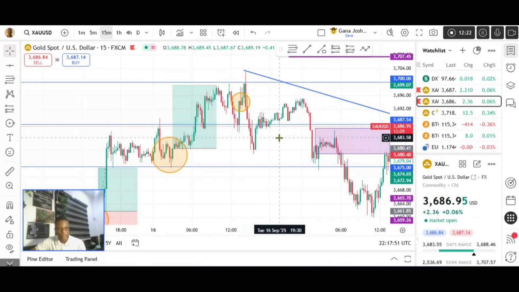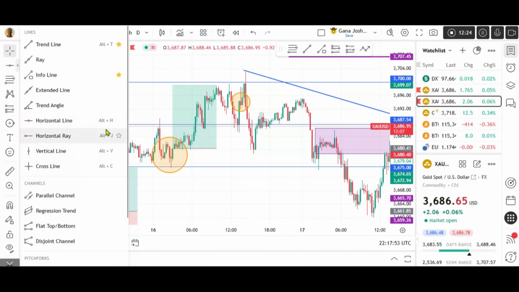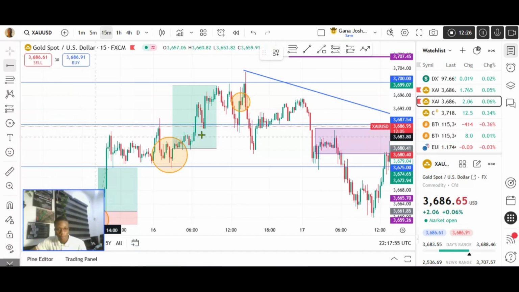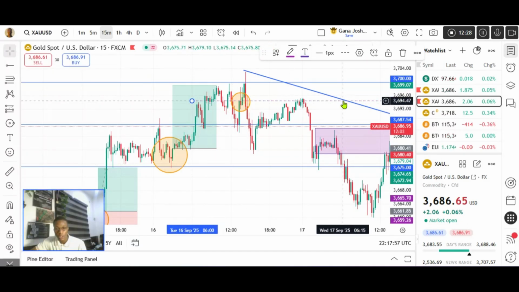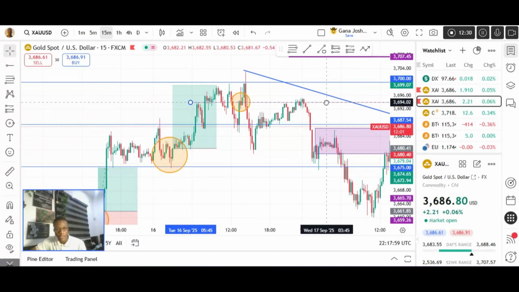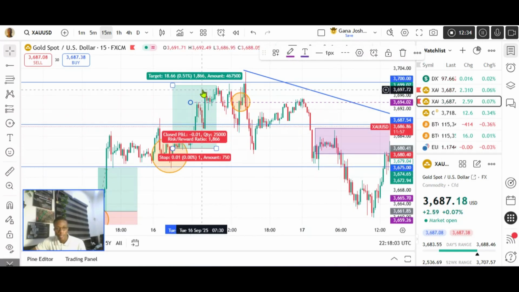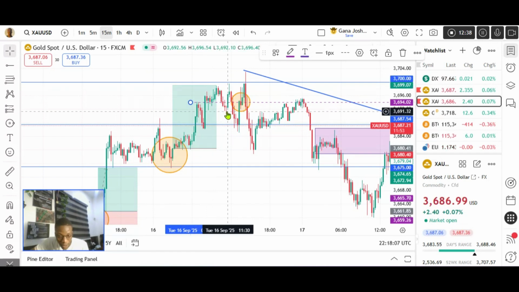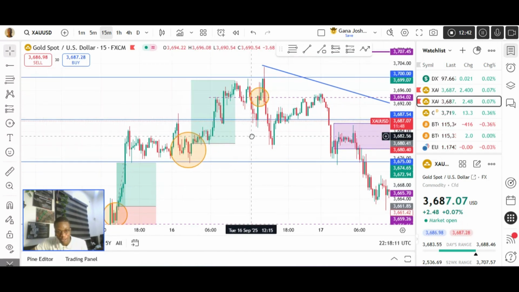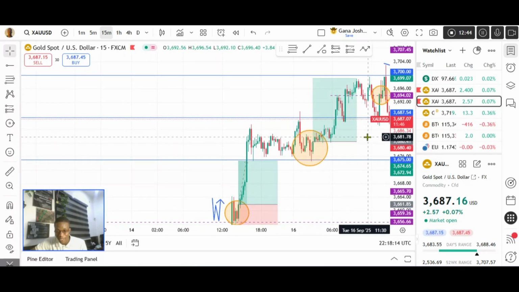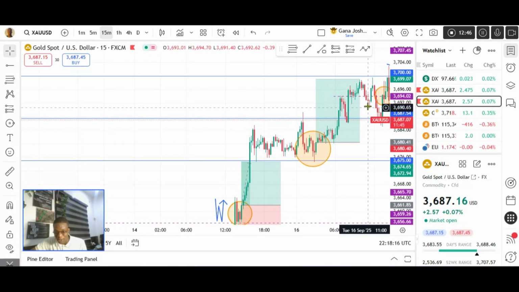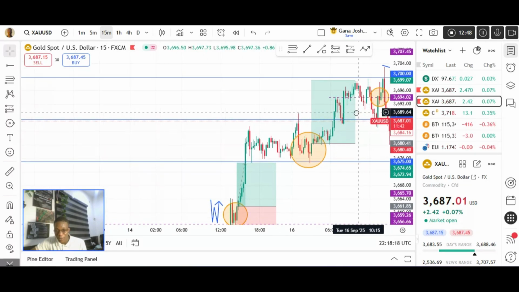Market bias changed because this one is a support and this one is a resistance, right? And it came, it broke, it tested, it was supposed to continue, but it failed at this point. This was the change of character. But at that point, it wasn't really obvious. This was when we changed direction, but it wasn't really obvious just yet.